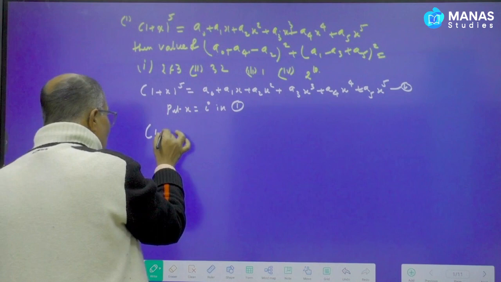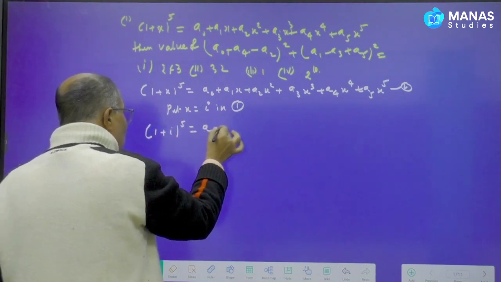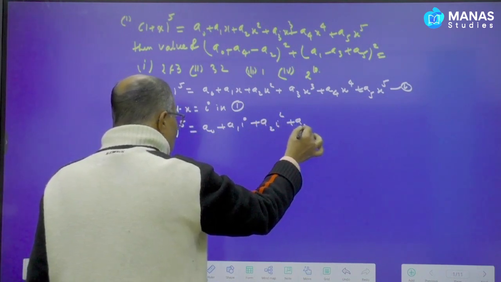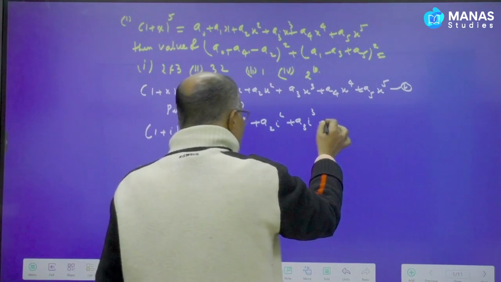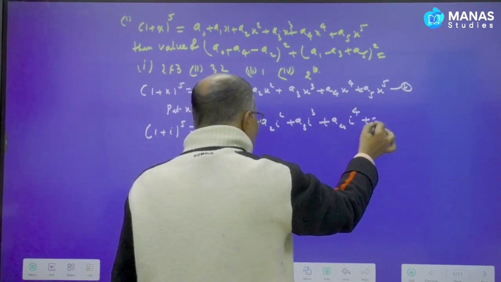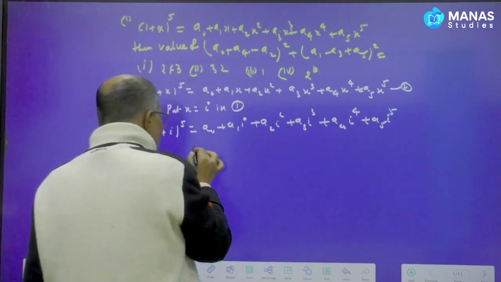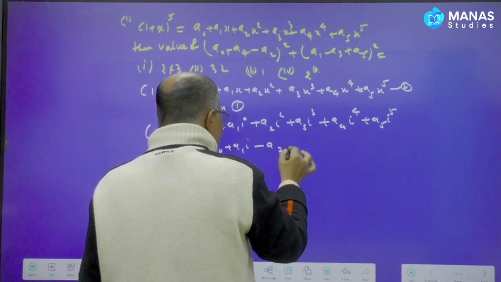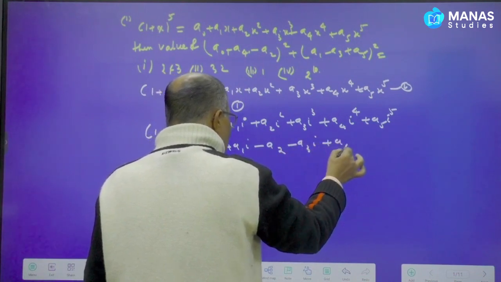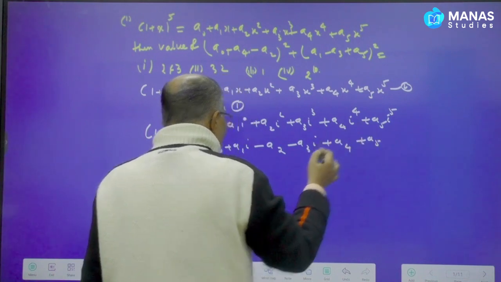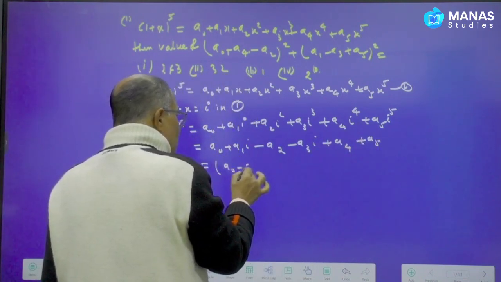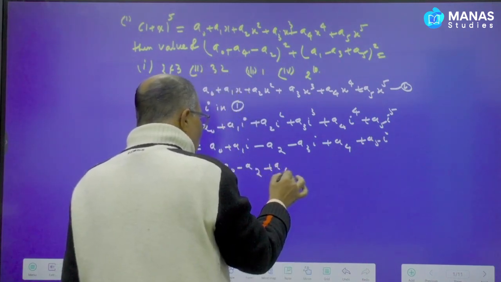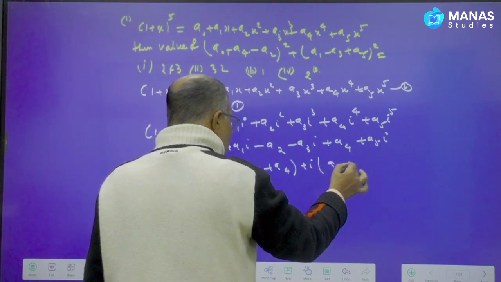So we get (1 + i)^5 = a0 + a1i + a2i² + a3i³ + a4i⁴ + a5i⁵, that is equal to a0 + a1i, i² is −1, i³ is −i, i⁴ is +1, i⁵ is +i. So (a0 − a2 + a4) one group, plus i times (a1 − a3 + a5).